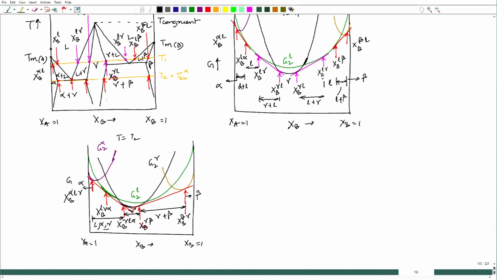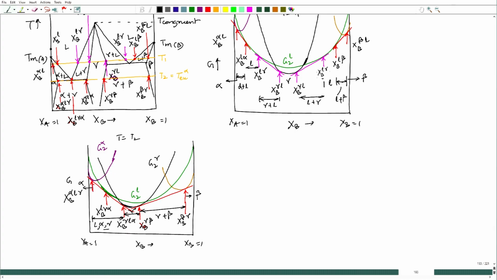These compositions are XB gamma in equilibrium with beta, this is XB beta in equilibrium with gamma, this is XB gamma in equilibrium with liquid and alpha, and this one is XB liquid in equilibrium with gamma alpha, and this composition is XB alpha in equilibrium with liquid gamma.